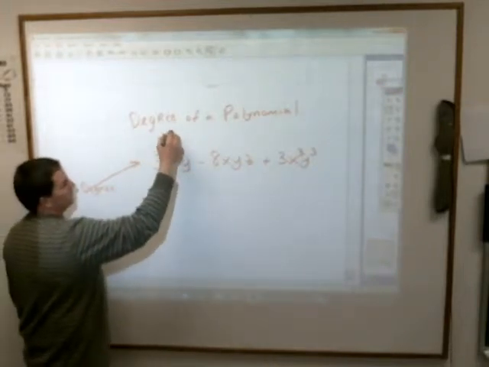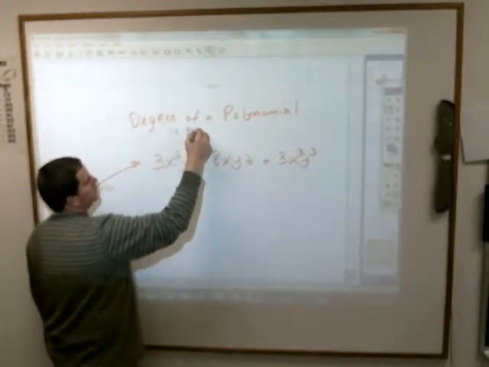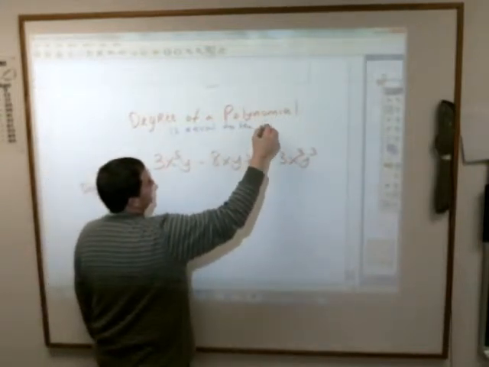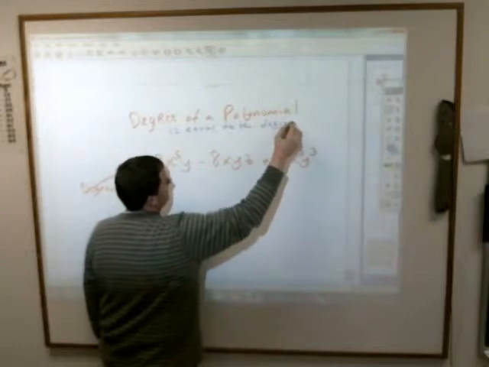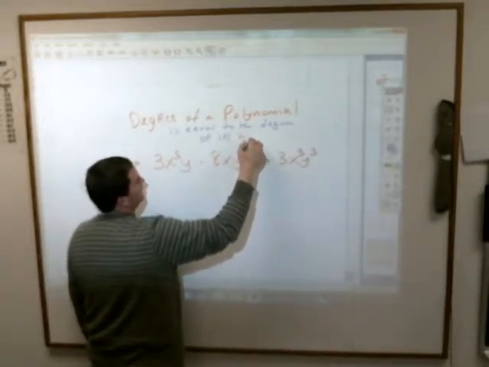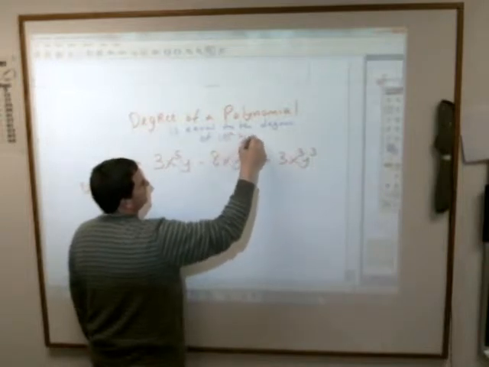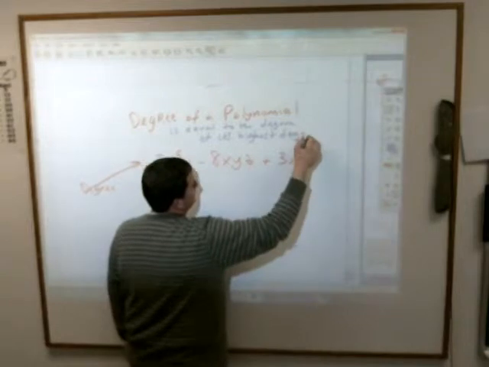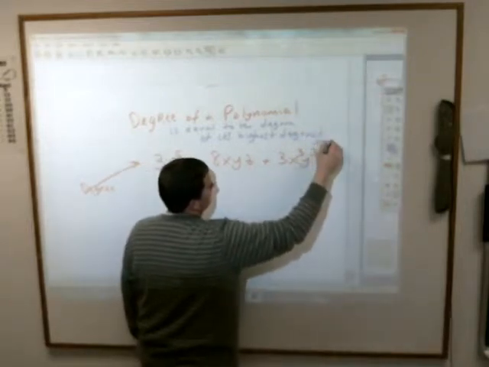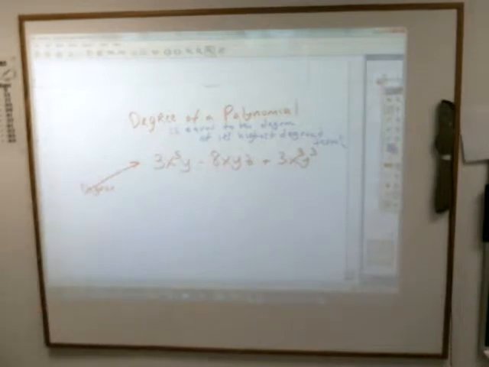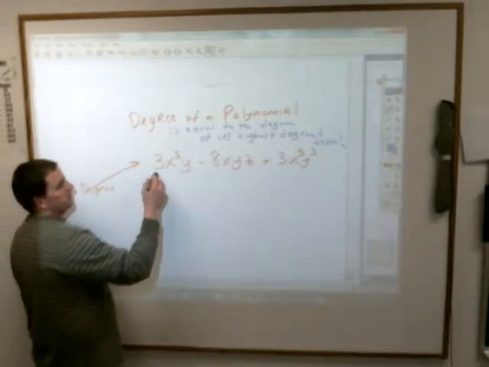The degree of a polynomial is equal to the degree of its highest degree term. Anybody know what that means? That means you look at the degree of each term.